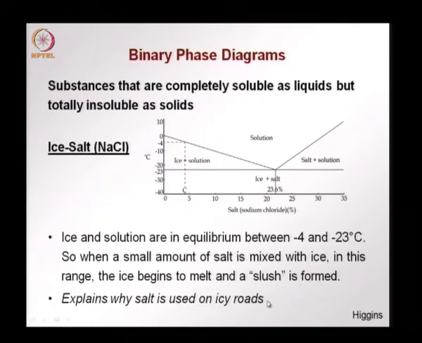This is the reason why salt is used to melt the ice on icy roads. The water freezes and becomes ice, and to melt this ice some small amount of salt is sprinkled, and this salt now has to create a situation where we have some solution form to be in equilibrium with the ice, and the ice melts and the roads become safer for traveling.